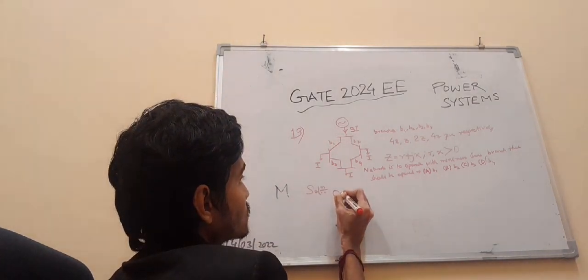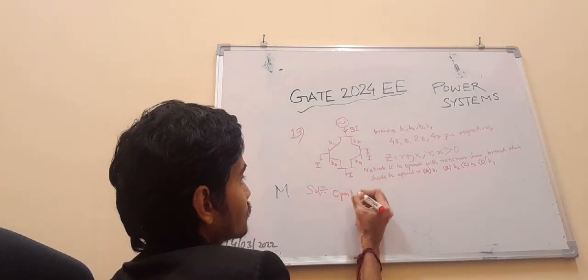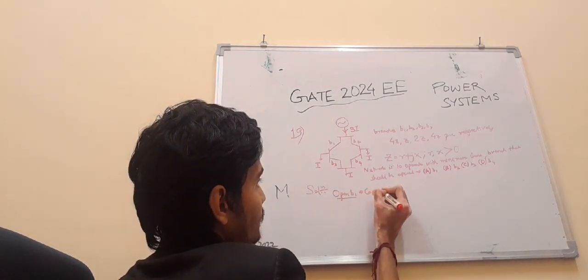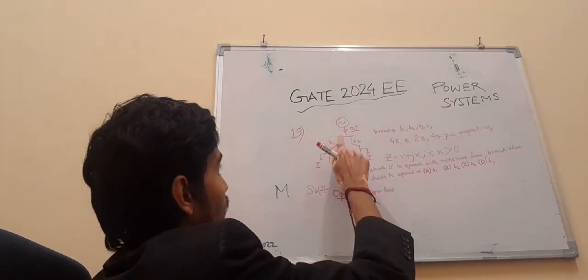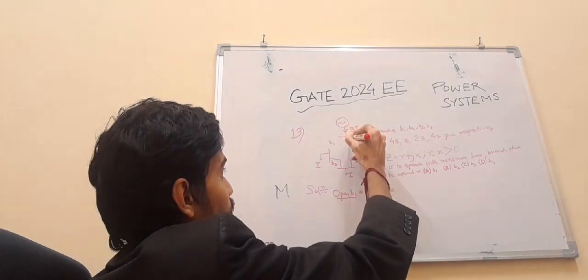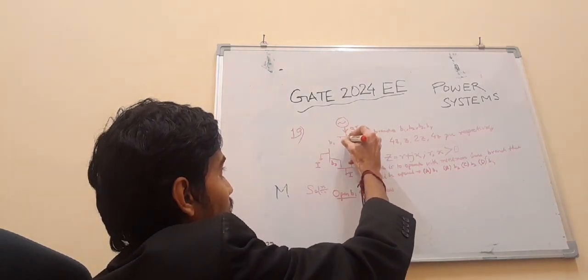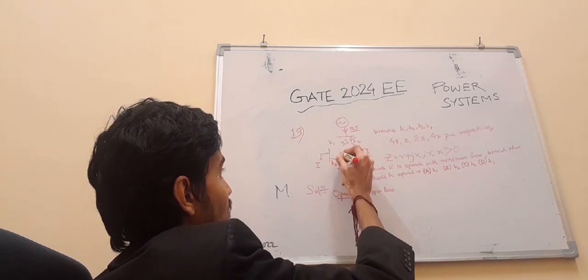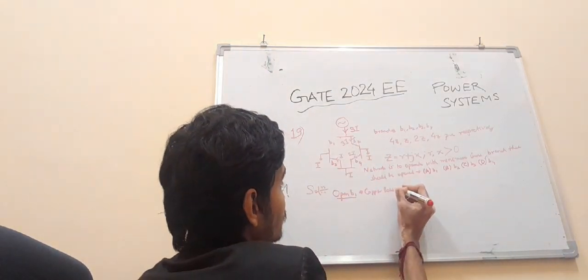So open B1, copper loss is how much? Let's open B1. So the entire current will flow through like this, 3I, 2I, I. So total copper loss is how much?